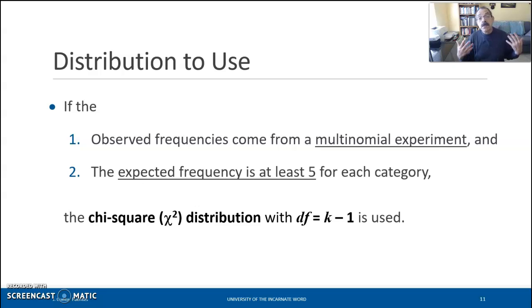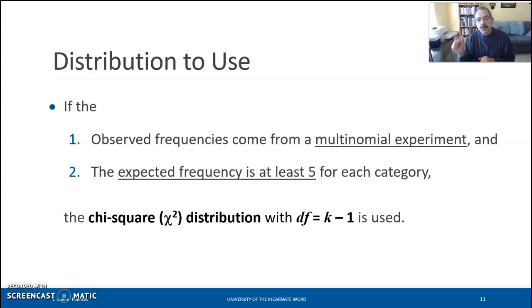All right, so the distribution to use, if the observed frequencies come from a multinomial experiment, and if each expected frequency is at least 5 for each of the categories, is a chi-square distribution with degrees of freedom equal to k minus 1.